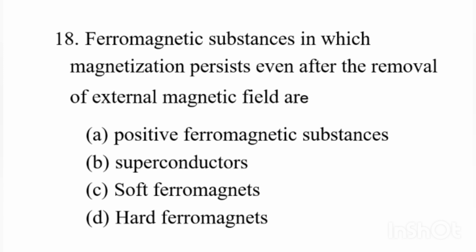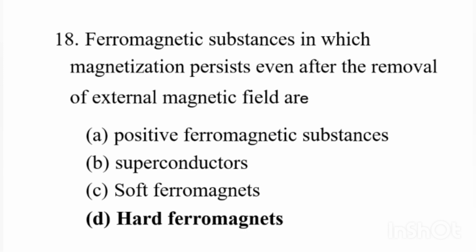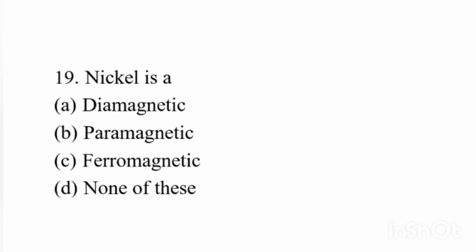Question number 18. Ferromagnetic substances in which magnetization persists even after the removal of the external magnetic field are option A, positive ferromagnetic substances, option B, superconductors, option C, soft ferromagnets, option D, hard ferromagnets. Here the correct answer is option D, hard ferromagnets. Question number 19.